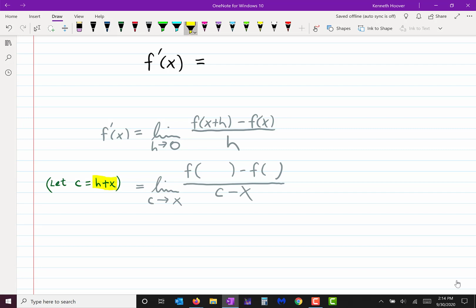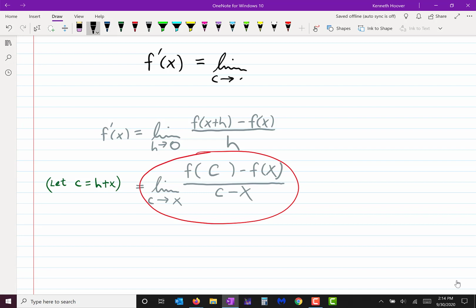Well, look, x plus h is c. And in the second instance, the f just has x in it. This is another way of writing f prime of x. So now you have two different ways of writing f prime.